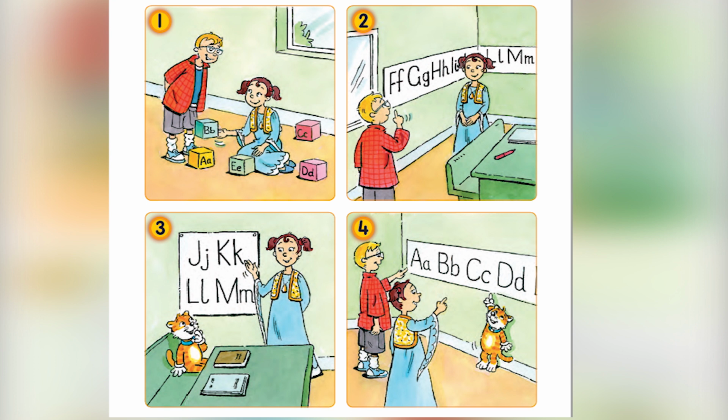Look, Kitty. J is for jam, and L is for leg. And K is for kitten. Meow. Very good, Kitty. And M is for monkey. A, B, C, D, E, F, G, H, I, J, K, L, and M. Hooray!